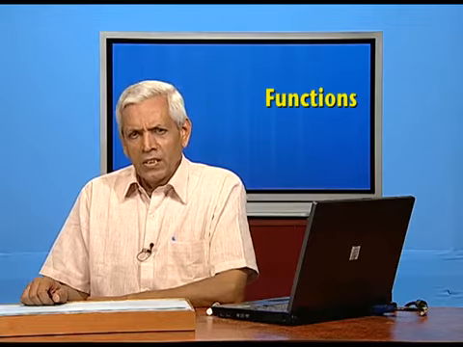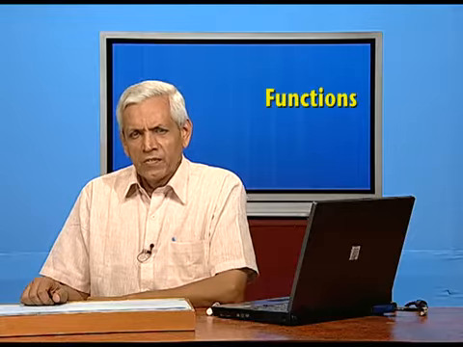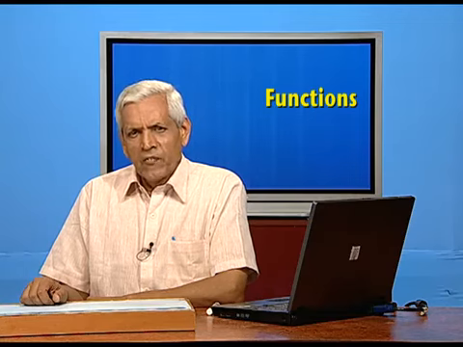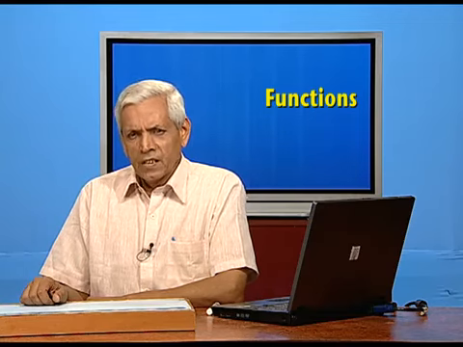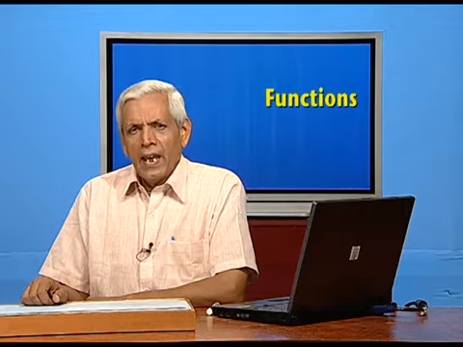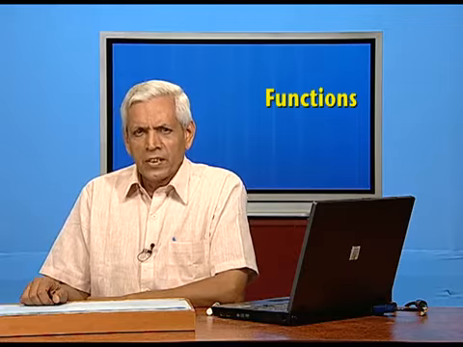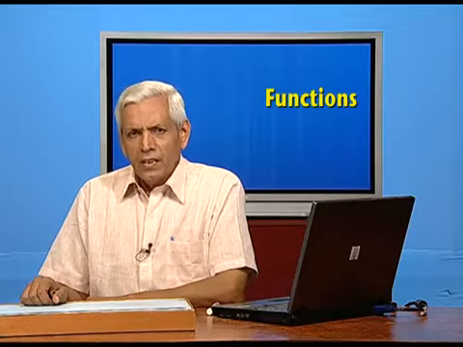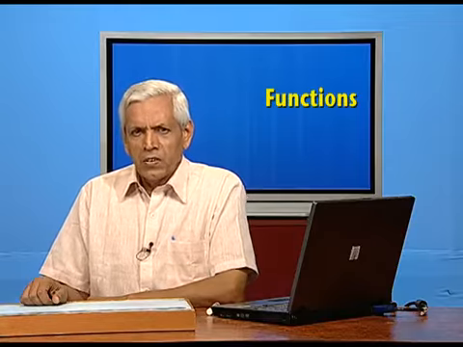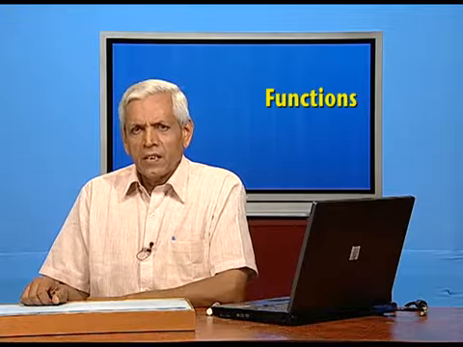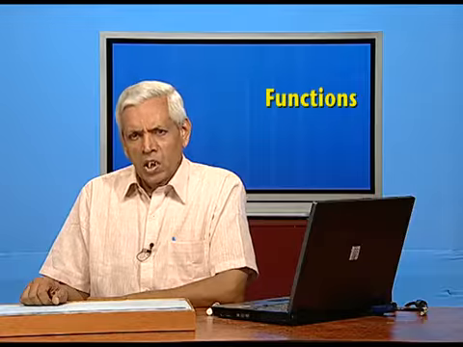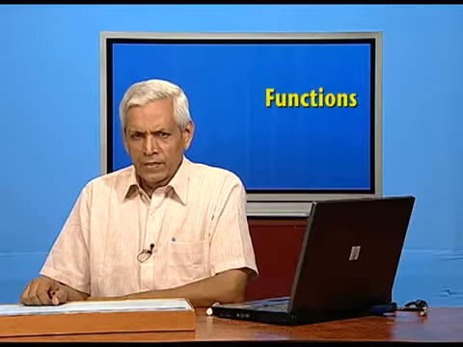We also remarked what is range. Range is simply a subset of the codomain. When the function is onto, it is equal to the codomain, and when the function is not onto, it is a proper subset of the codomain. In our next episode, we discuss binary operations, which is also a form of function. Thank you.